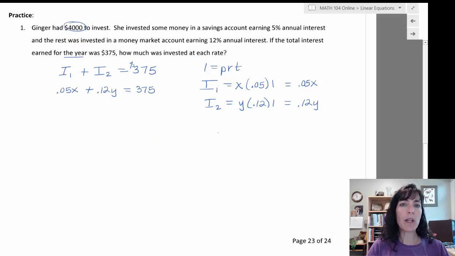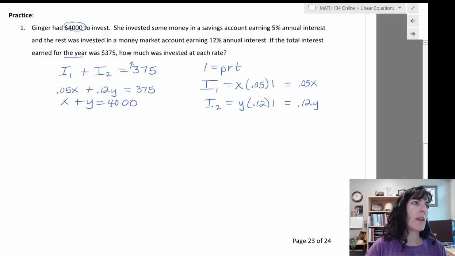Part of it went to one account, part went to the other. And if I add up how much was in one account and how much was in the other account, it should come to 4,000. So I should say x plus y equals 4,000. And that gives me a system of linear equations that I can solve for this problem.